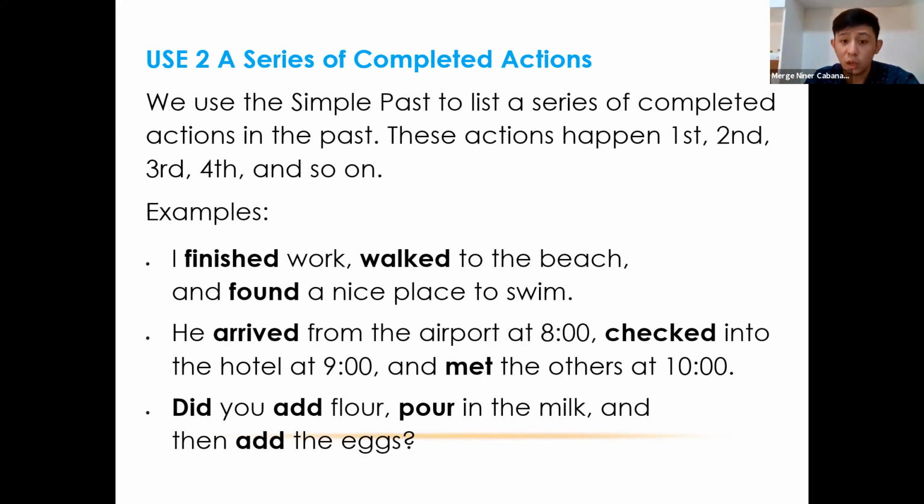So I finished work, walked to the beach, and found a nice place to swim. Remember, there should be consistency. There should be parallelism. So finished, walked, and found are all in the simple past tense. So all of them should use the simple past tense of the verb.